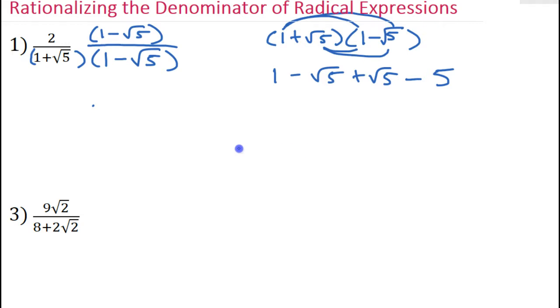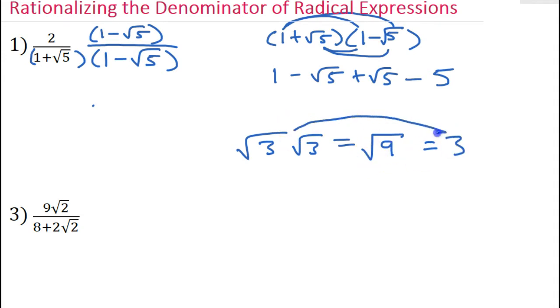Focus on this for a moment. If I have radical 3 times radical 3, I want you to be able to just say the answer to that automatically. Sure, 3 times 3 is 9, but then the square root of 9 is 3. So I want you to go straight from this to this. So radical 3 times radical 3 is 3.